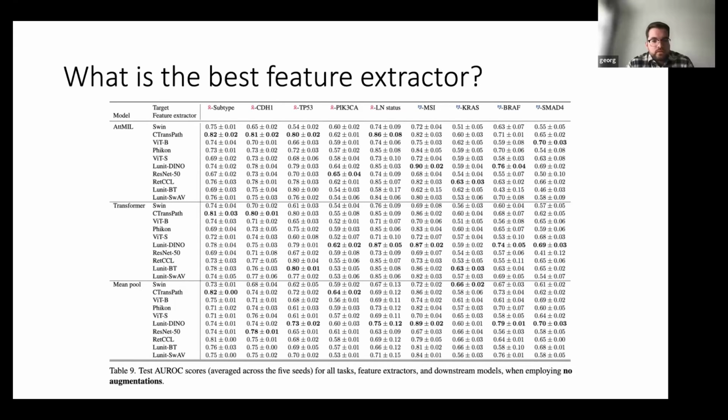Then if you use a transformer, you get 0.81. So if my question or hypothesis is whether the transformer is better than attention MIL, then what I would do is run a paired statistical test on the two to give me a p-value of what is the relative significance of this particular difference in results.